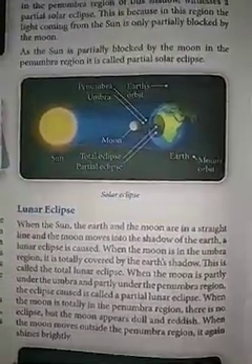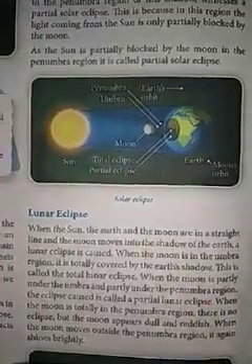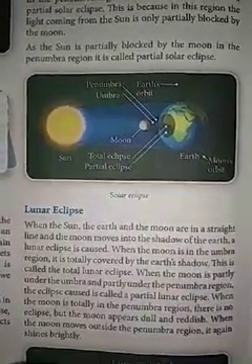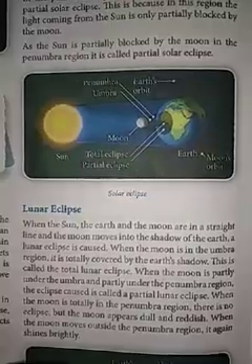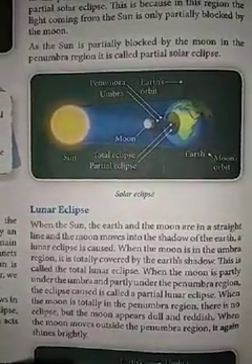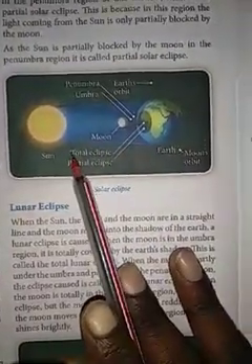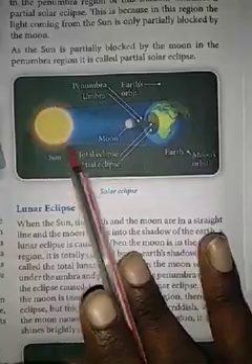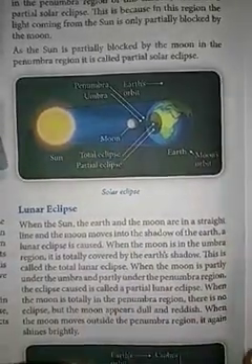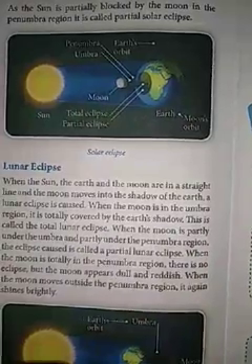So, first of all, we discuss solar eclipse. You know that the Earth revolves around the Sun and the Moon revolves around the Earth. A time comes when the Sun, the Moon, and the Earth come in a straight line. What happens at that time?